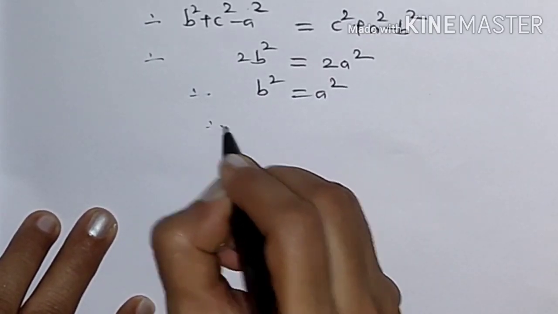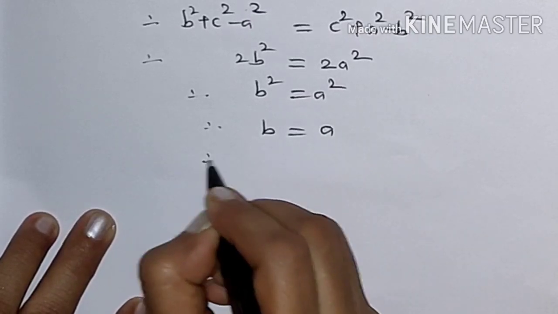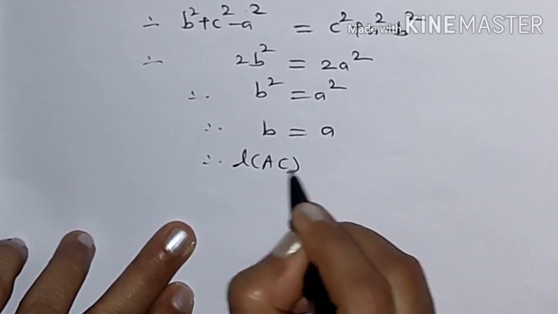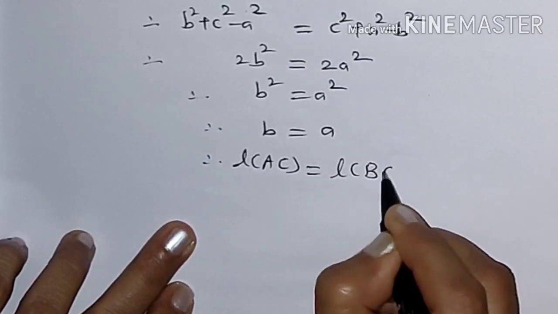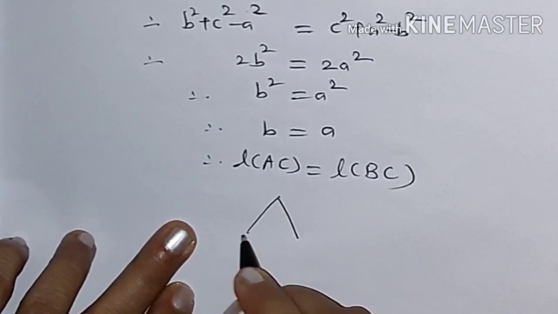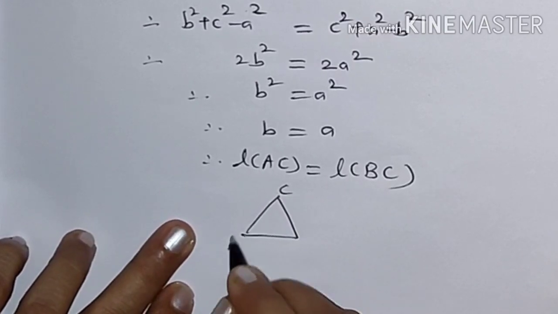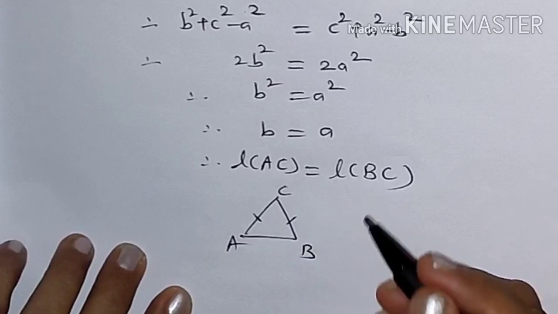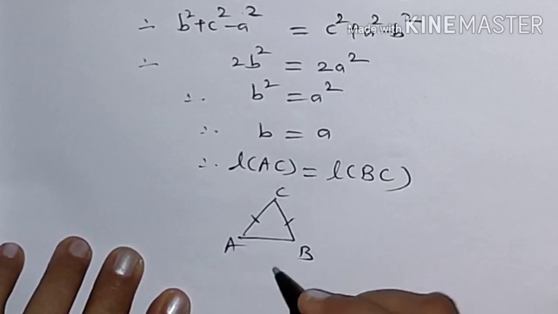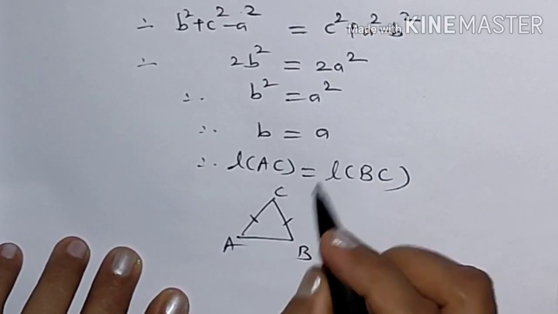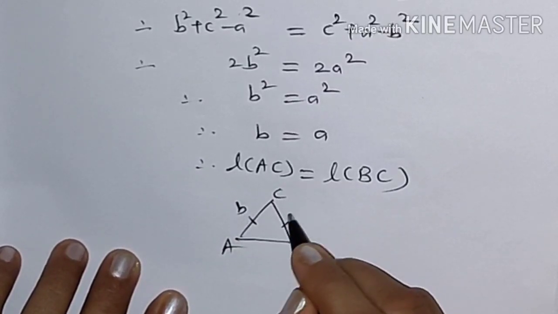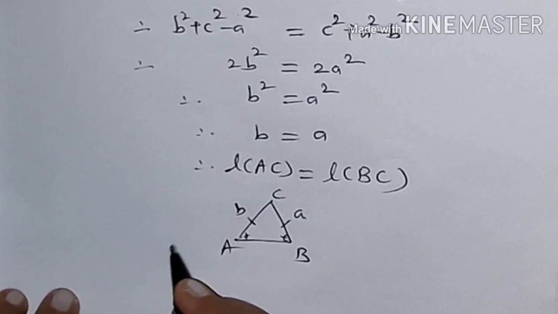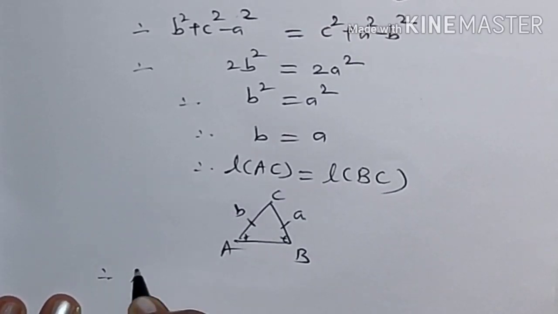So b is equal to a, but b is the side opposite to angle B. So length AC is equal to length BC. So we got a triangle where length AC is equal to length BC. Side opposite to angle B is small b, this is small a. Therefore, triangle ABC is an isosceles triangle.